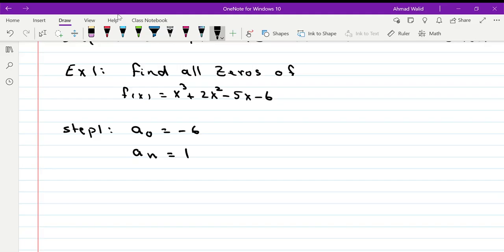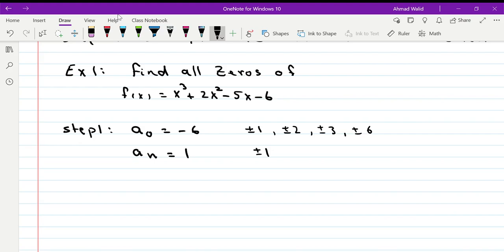All factors of negative 6 are plus minus 1, plus minus 2, plus minus 3, and plus minus 6. Possible factors of 1 are plus minus what? 1.